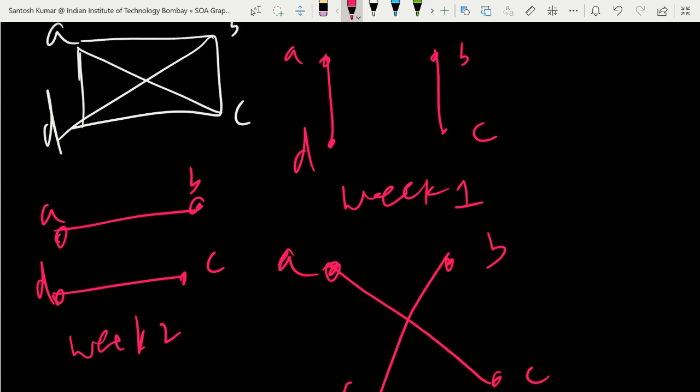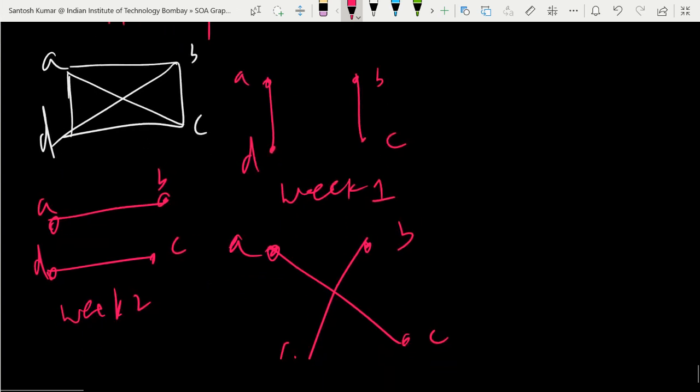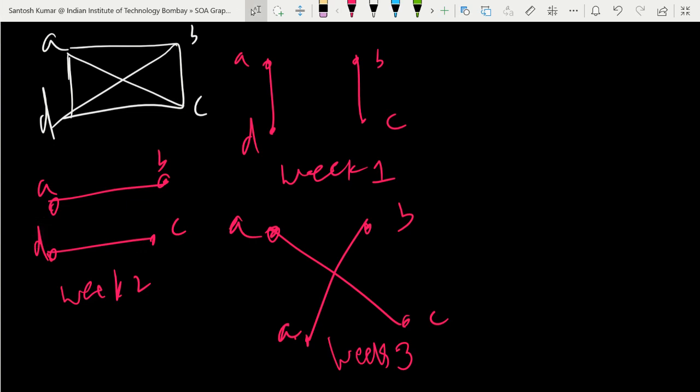So how many weeks will you take to play matches between four teams, such that each team plays only once in a week and each pair of teams gets to play? You will take 3 weeks. So this is the perfect matching for K4, and you can complete these matches in 3 weeks.